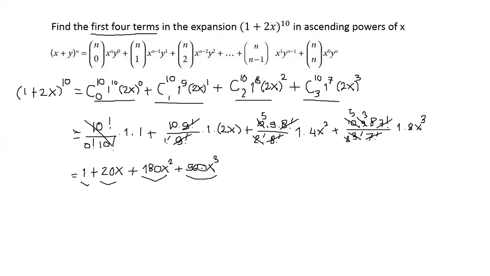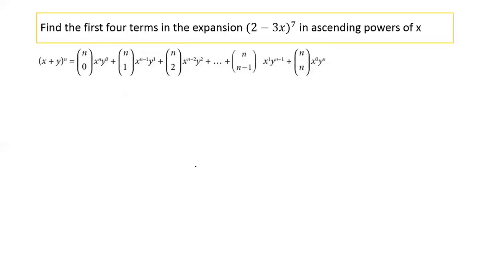All right, let's move to the next slide, the next problem. Now we're gonna expand this expression (2 - 3x)^7. Also, we're gonna find the first four terms.